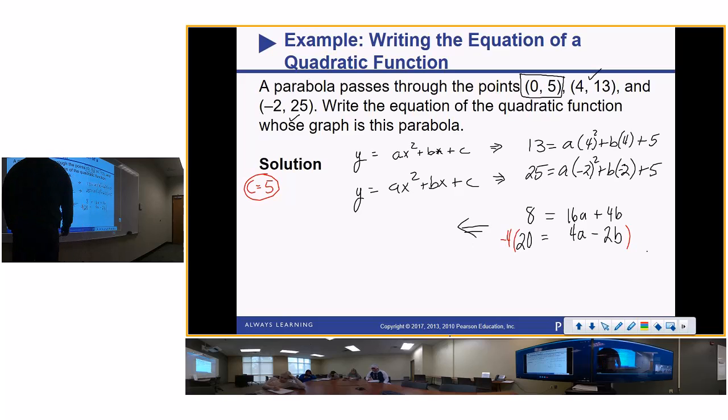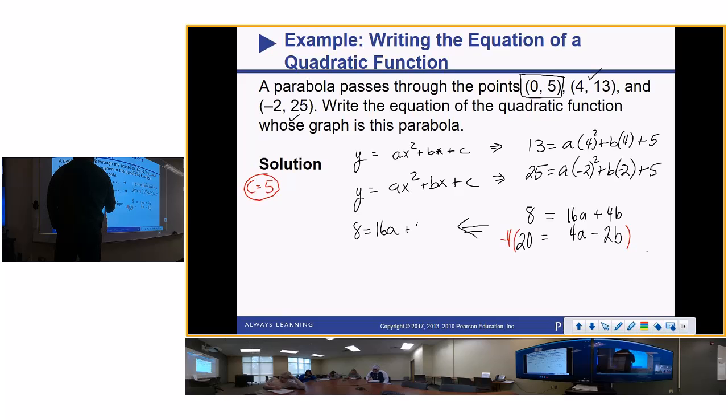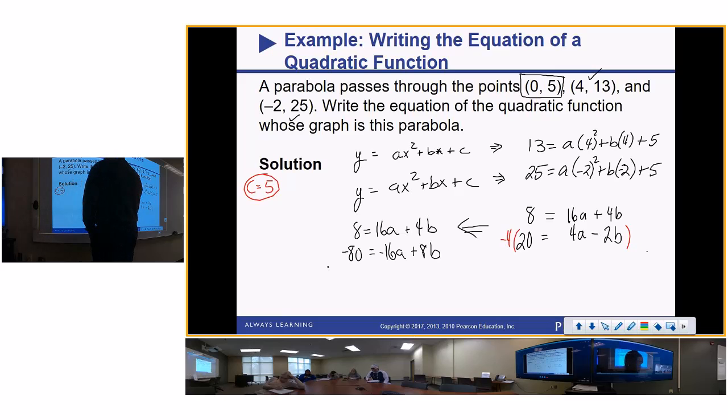And that's going to give me 8 is equal to 16a plus 4b. Negative 4 times 20 is negative 80. Negative 16a. And what's negative 4 times negative 2? Negative 8. Positive 8b. And what happens to the 16a's?